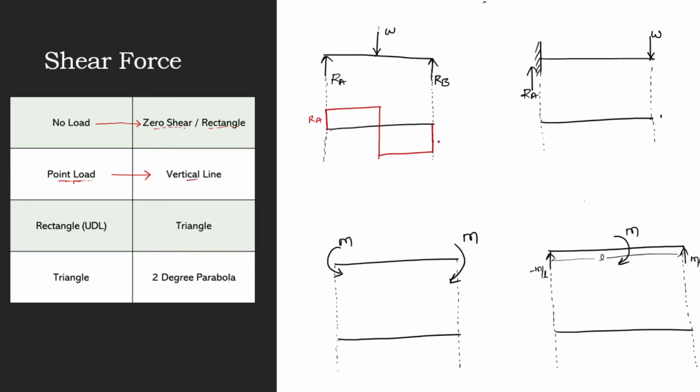It's always a good idea to complete the cycle using the end. At the reaction it will come back to the x-axis as 0. That is a good way of checking whether what you have done is right or wrong. So this is positive, this is negative.